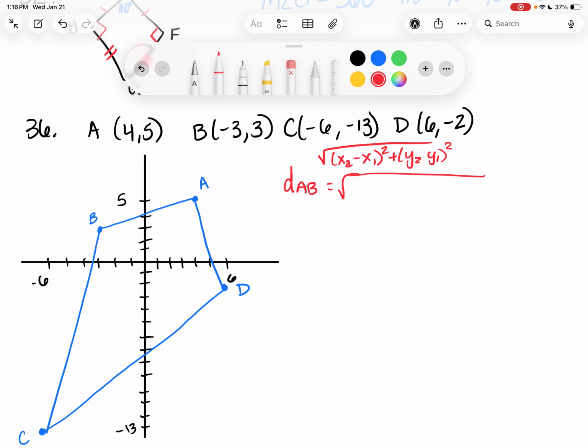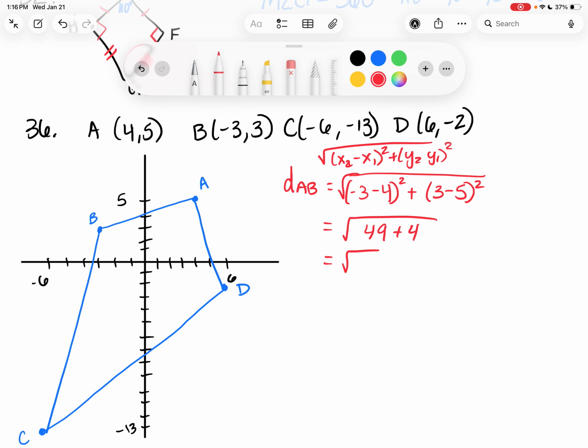So anyway, the distance of AB is going to be the square root of negative 3 minus 4 squared plus 3 minus 5 squared. So negative 3 minus 4 is negative 7, squared is 49, plus 3 minus 5 is negative 2, squared is positive 4.